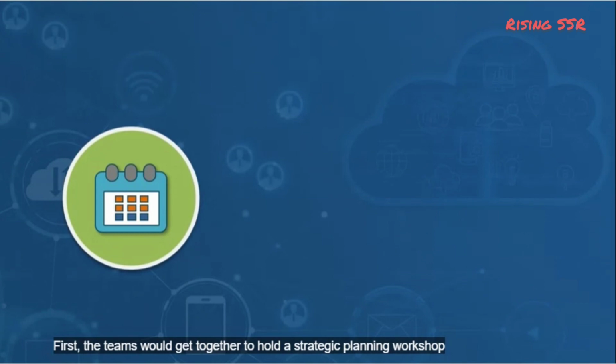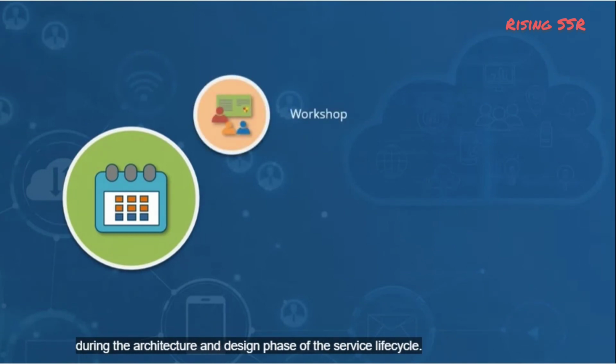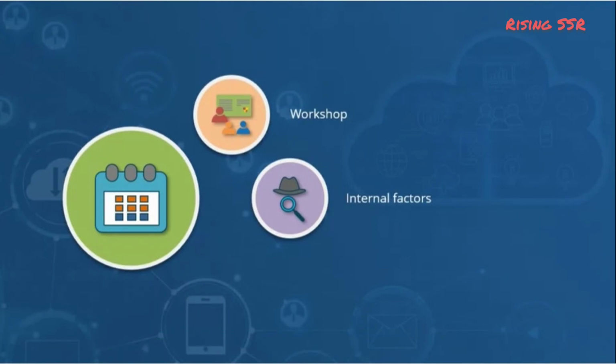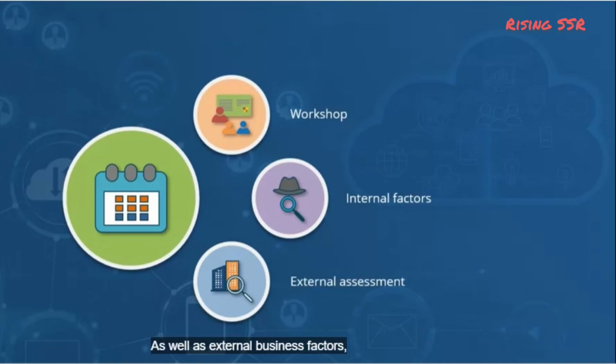First, the teams would get together to hold a strategic planning workshop during the architecture and design phase of the service lifecycle. This workshop would take several weeks and would take both internal factors into consideration, such as what technical resources are required, what platforms will be required to meet scalability needs, or whether the network will handle the traffic, as well as external business factors, such as the competition in the marketplace for the service.